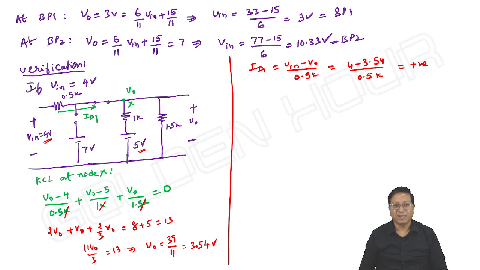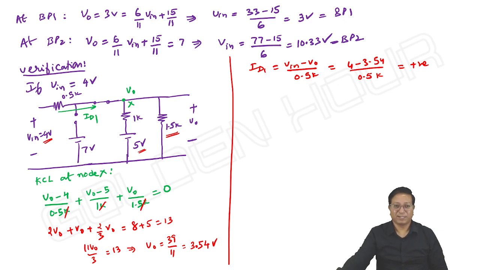It's not like the anode is at a lesser voltage compared to the cathode. Why is it happening so? Because of this 1.5 kilo ohm resistor. These are all for our understanding sake. We need not write all these things in the examination. Once you analyze these things in a detailed manner at the time of learning, in the exam you can do the problems confidently.